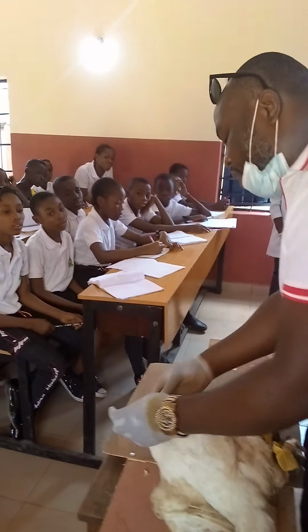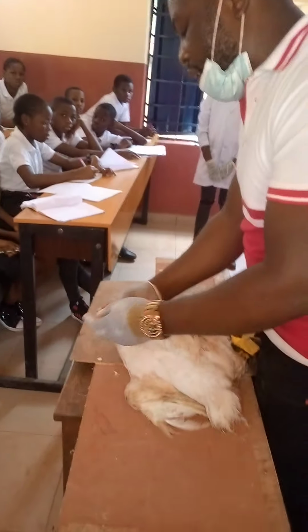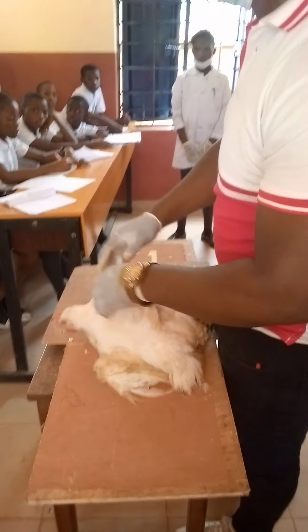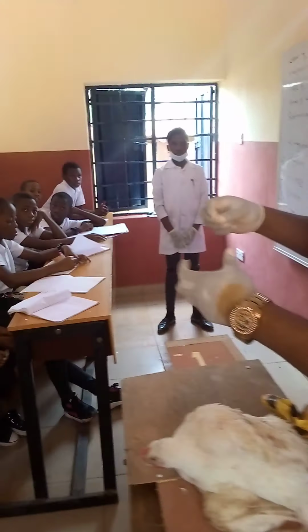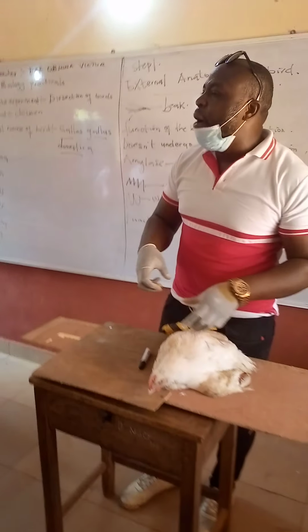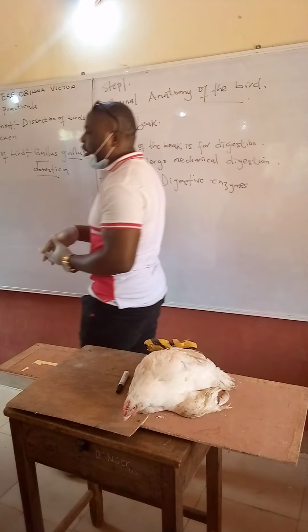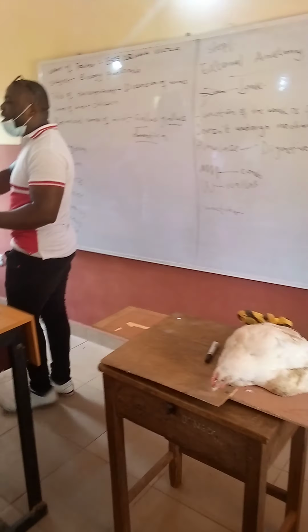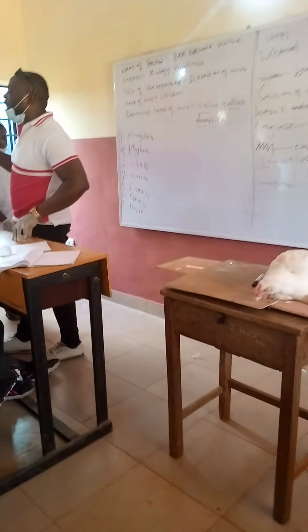The comb and the wattle help in regulating the temperature of the chicken. It's like they help the chicken to get rid of excess heat that is accumulating in the chicken.